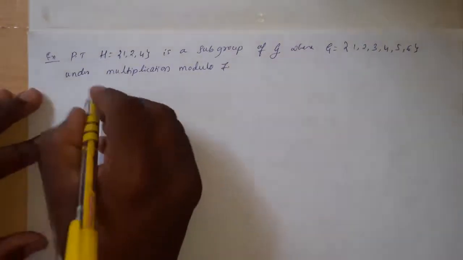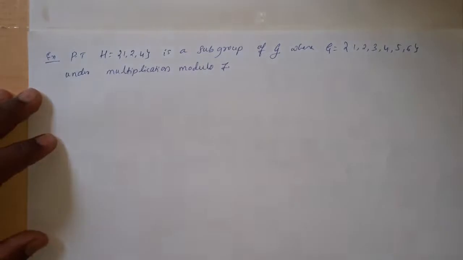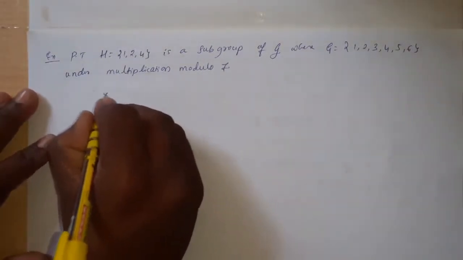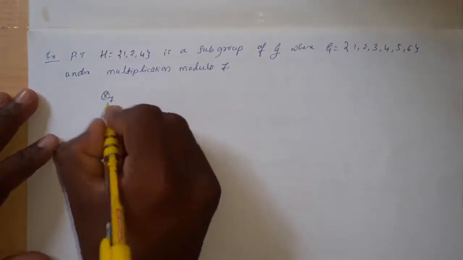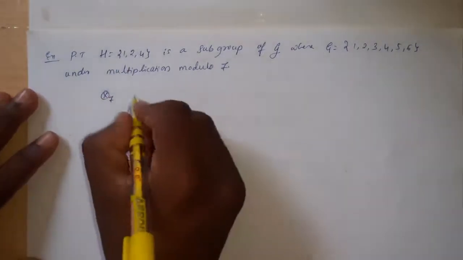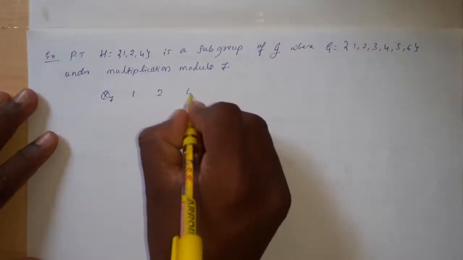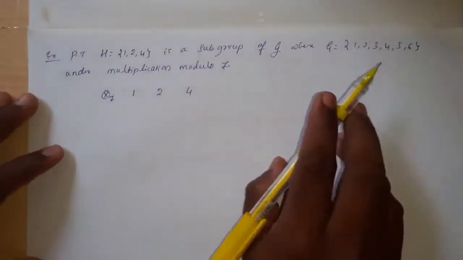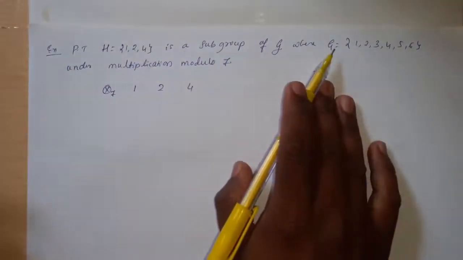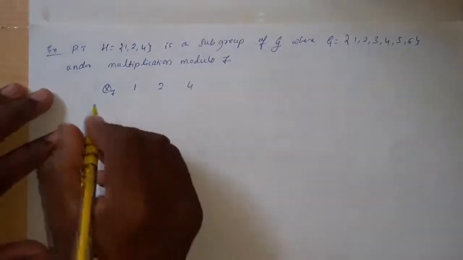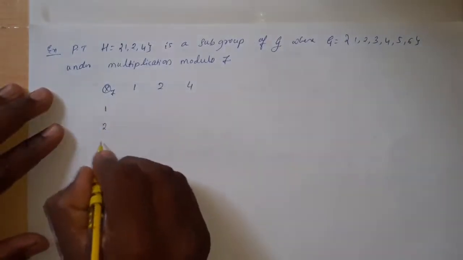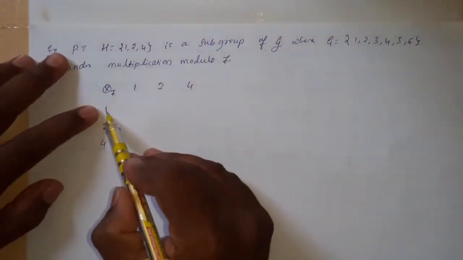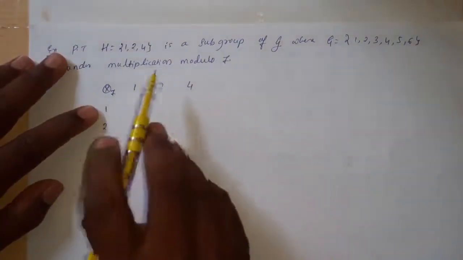So here now we need to write the table for multiplication modulo 7. So here it is the multiplication modulo 7 symbol, and now consider the elements of the given set, that is 1 and 4. Here already G is a group, no need to prove that G is a group because it is already given, and now in column also we need to consider the same elements. Now we need to multiply this 1 with each and every element of the set.